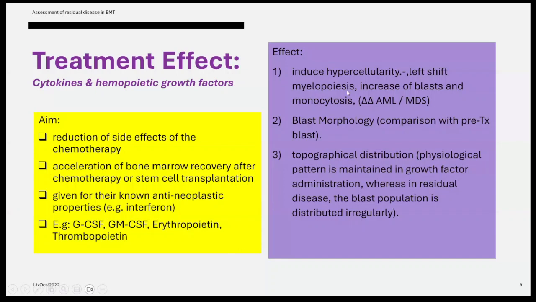So we have to compare the blasts with the pre-treatment blasts, whether they are similar or different, and also the geographical distribution. Because in patients with growth factor treatment, the physiological pattern is maintained, whereas in residual disease, the blast population is rather irregularly distributed.